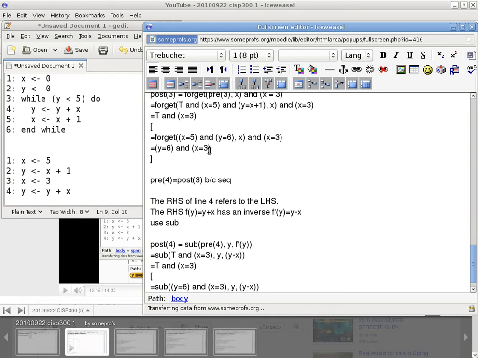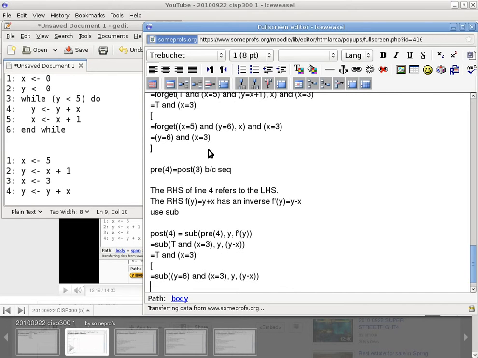Is that okay? The only change with the alternative path is that instead of expanding pre 4 into true and x equals 3, I'm expanding pre 4 to y equals 6 and x equals 3, which is consistent with my other alternative branch.